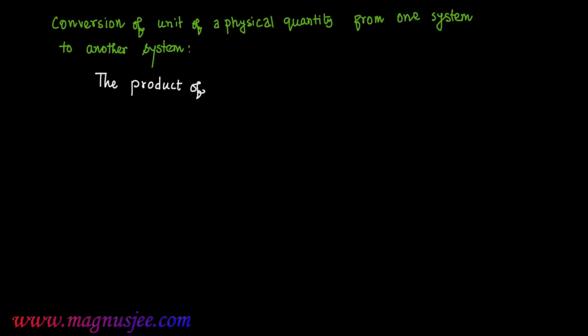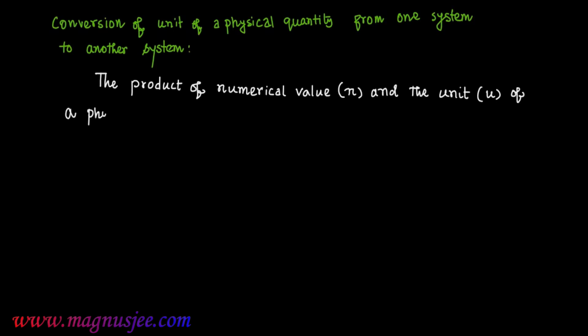The product of numerical value, under bracket small n, and the unit, under bracket small u, of a physical quantity is constant.